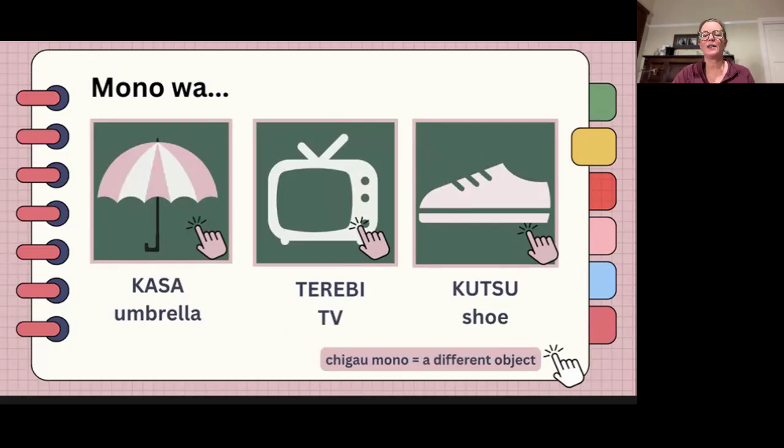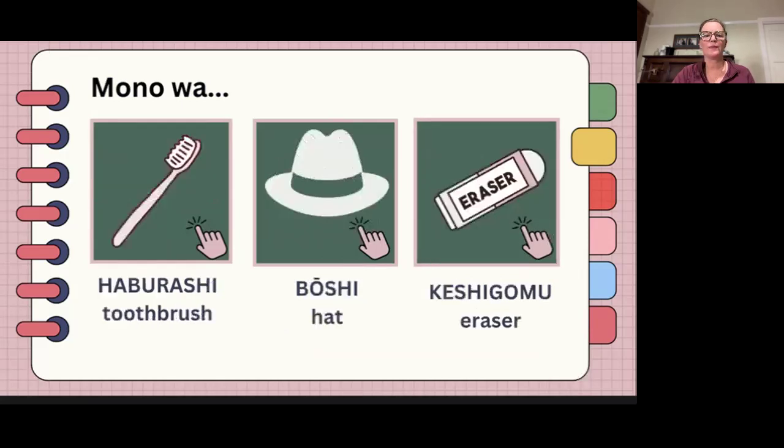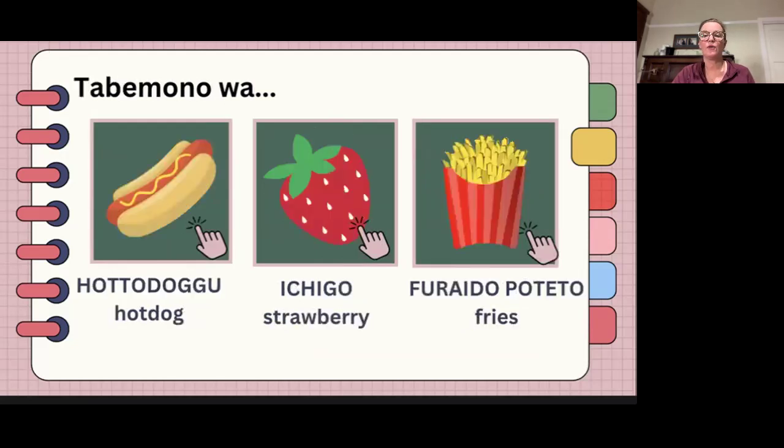There are 9 choices for each. And more mono options here. However, if it was tabemono, food, the options given could be hot dog, ichigo, fried potato.